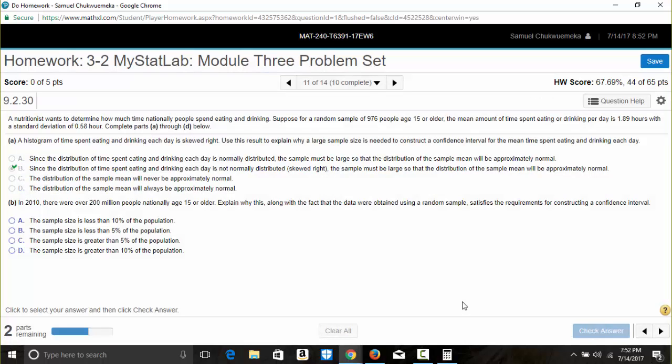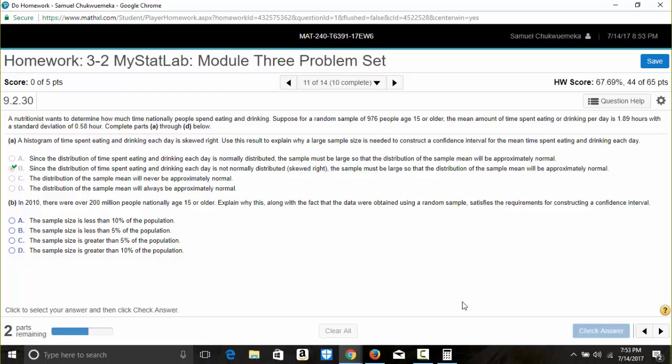B: in 2010, there were over 200 million people nationally age 15 or older. Explain why this, along with the fact that the data were obtained using a random sample, satisfies the requirements for constructing a confidence interval.